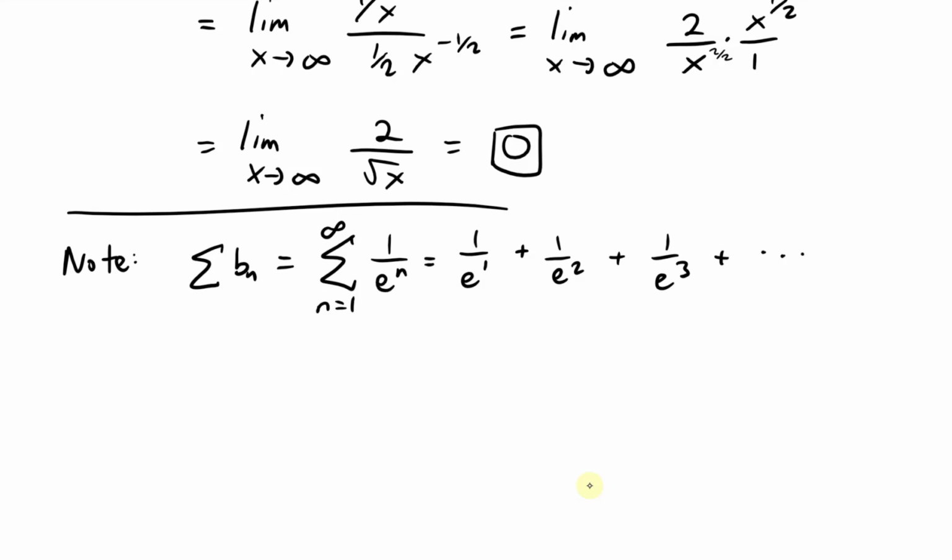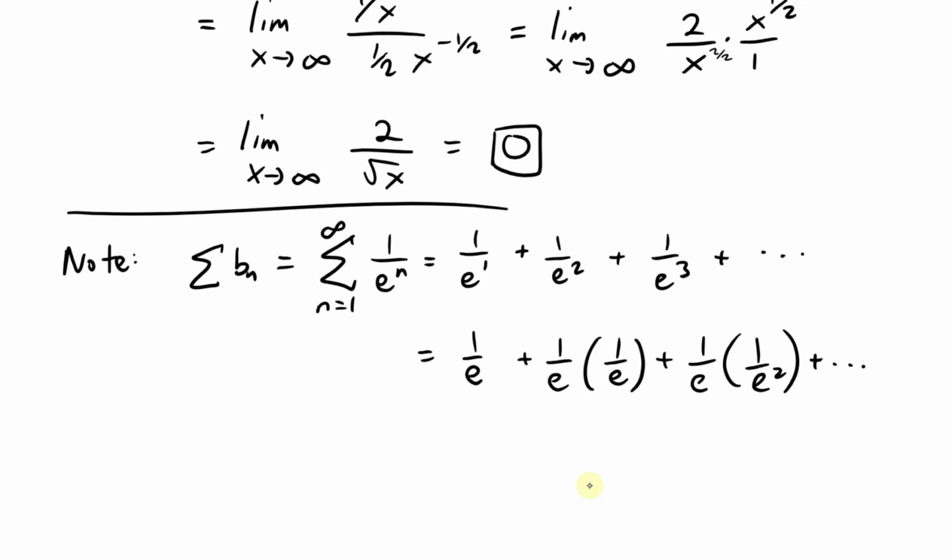In other words, we have a 1 over e, and then plus 1 over e times 1 over e, which gets 1 over e squared, plus 1 over e times 1 over e squared, plus dot dot dot.